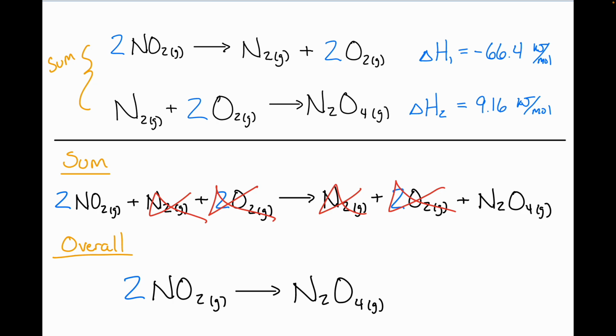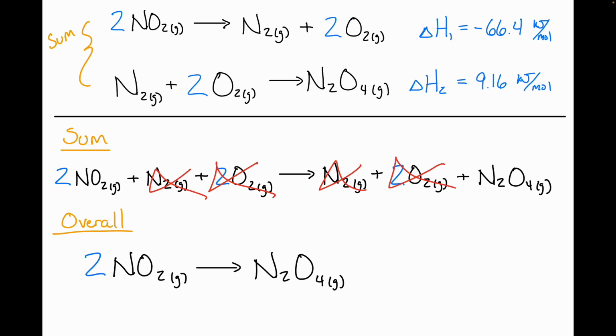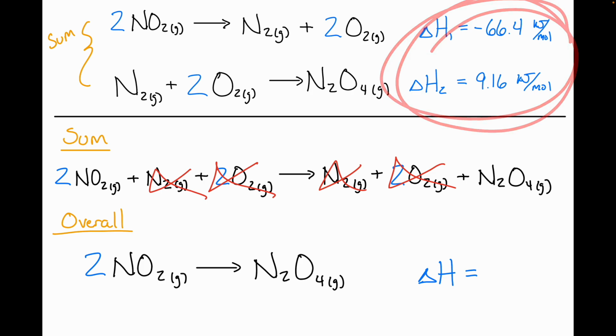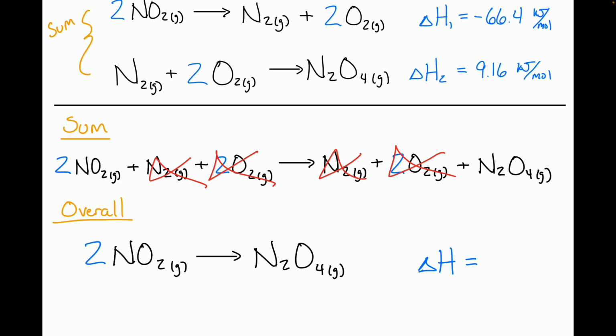And since I summed these up in order to get my overall equation, how can we get the delta H of this reaction here? We're going to sum up those delta H's of those two steps there. All right, so I'm going to take my negative 66.4.